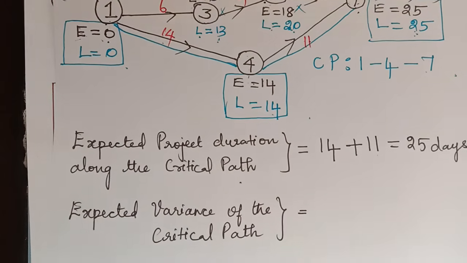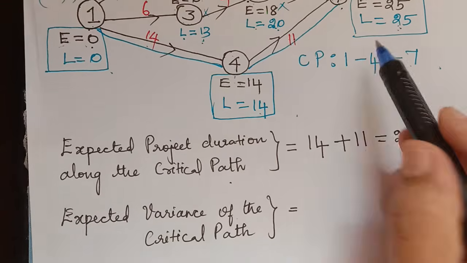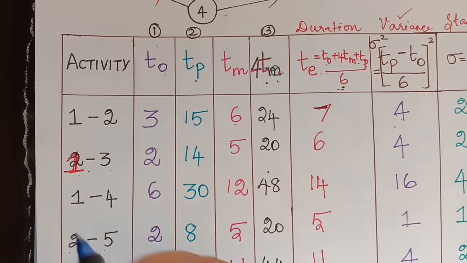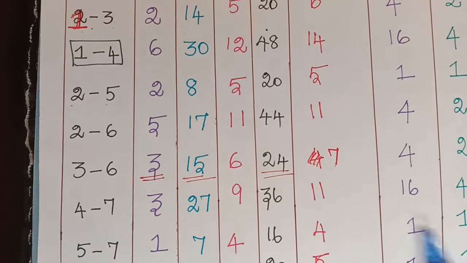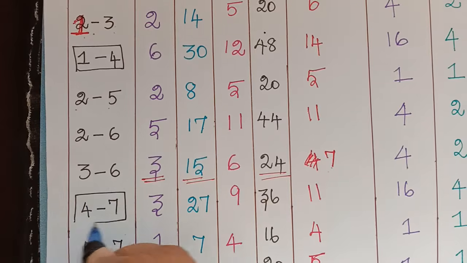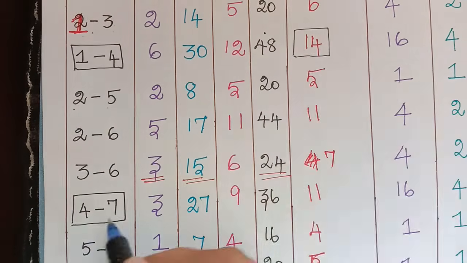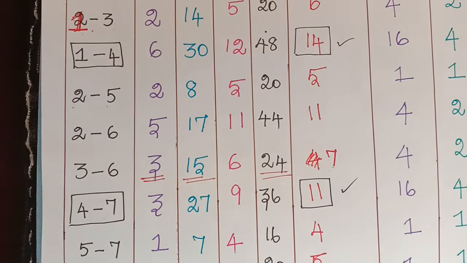The next question is we have to calculate the expected variance of the critical path. So the critical path is 1 to 4 and 4 to 7. So we have 1 to 4 this, and we have 4 to 7 this one. And correspondingly, the project duration is 14 and it is 11. So we did 14 plus 11 and we got it to be 25.